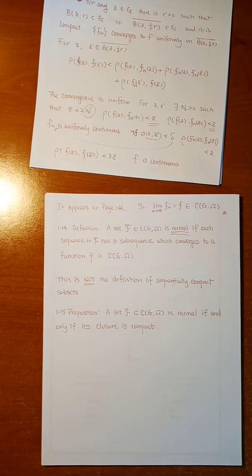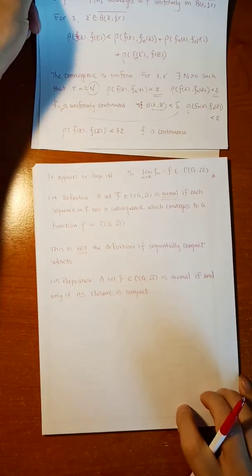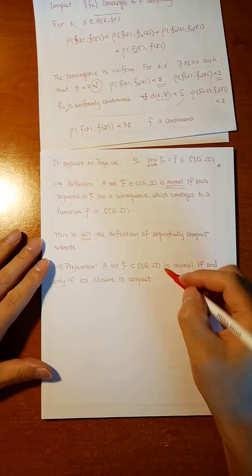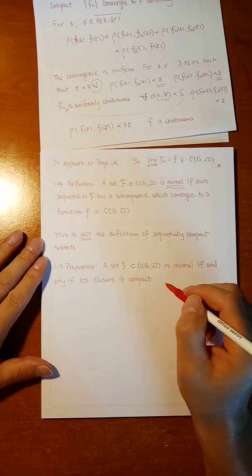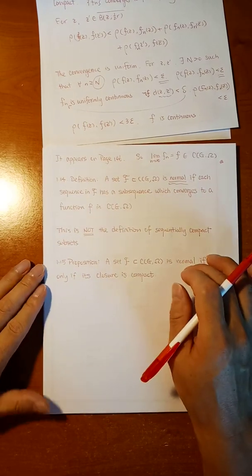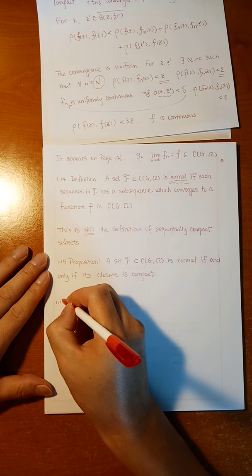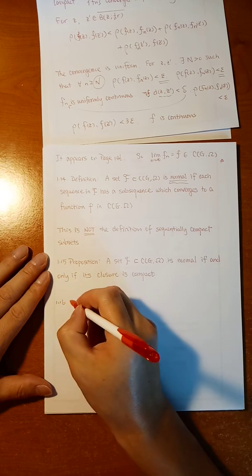Its closure is compact. Alright, you take the closure, it becomes compact, then this is sequentially compact. We put the closure to include the limit points. Alright, so try to prove it, write it down. There are some sentences you need to make clear. Okay, but it's not difficult. It's just a play on language.